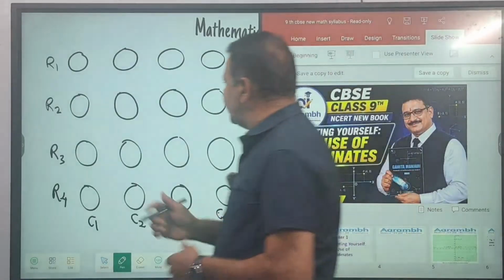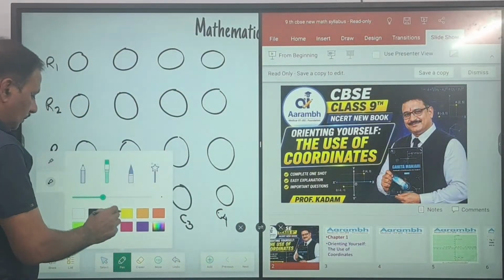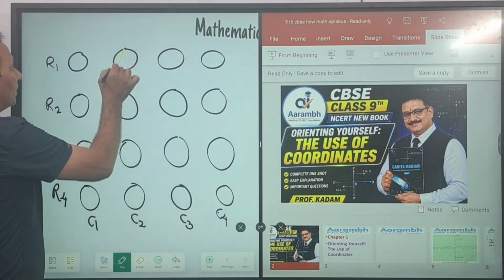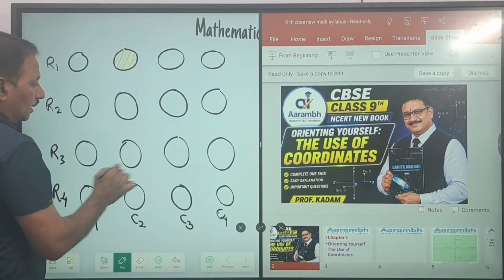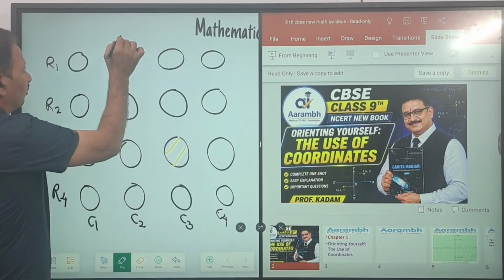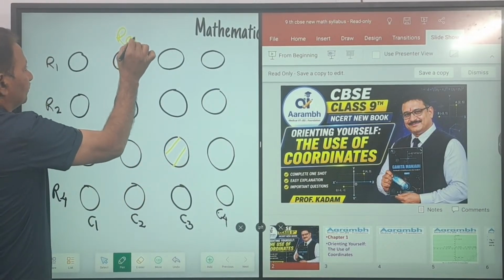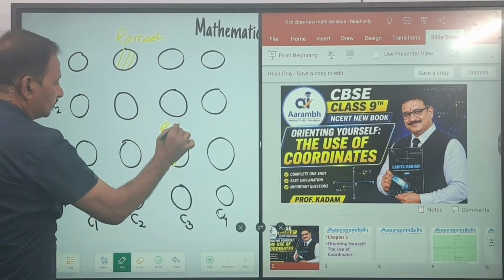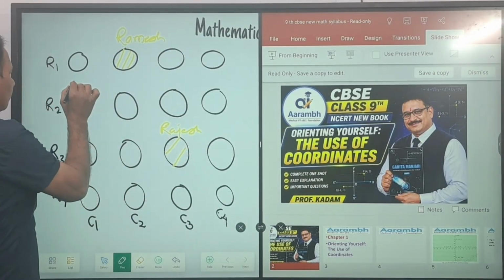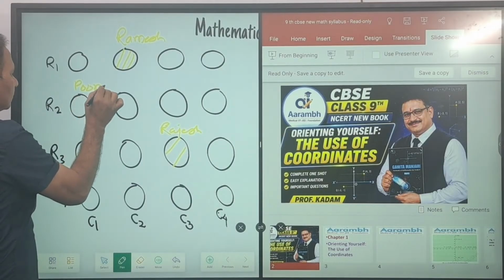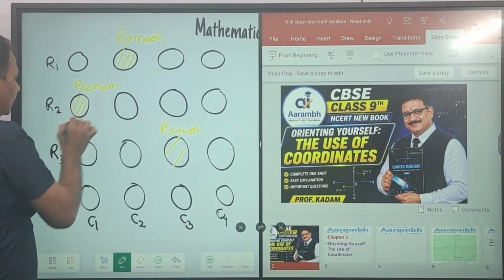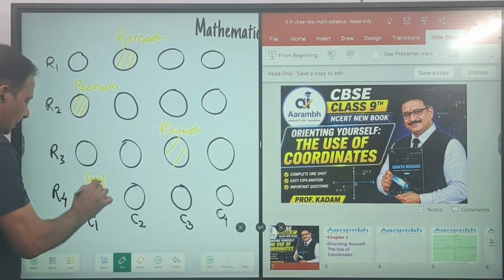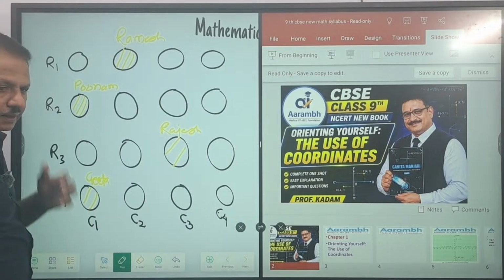Suppose there is one student, for example, this is one student, this is another student. Suppose this is Ramesh, this is Rajesh, this is, for example, Poonam seated in this column, and suppose Geeta is seated here.